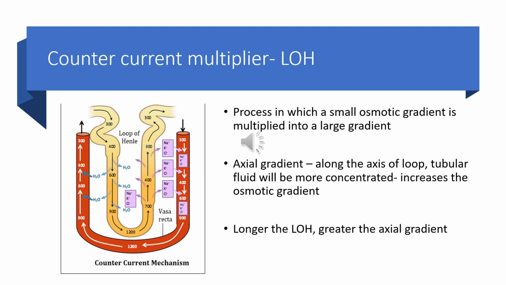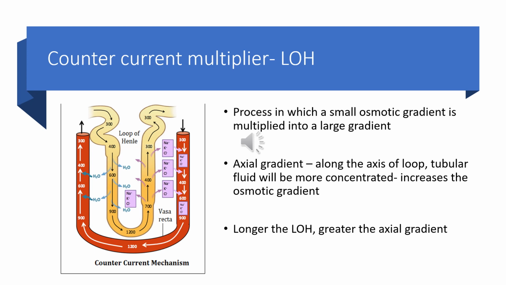See, the sodium ions and chloride ions can either be passively reabsorbed from the thin ascending limb and or actively reabsorbed from the thick ascending limb. And if the length is more, there will be more absorption of solutes from this ascending limb. So it creates a higher osmotic gradient. So as the length increases, the osmotic gradient produced will also be increased, and this accounts to the higher osmolality in the medullary interstitium.